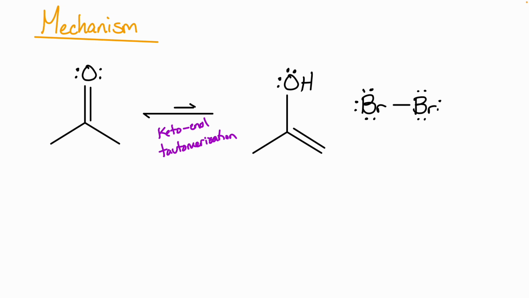That carbon-carbon double bond, we've seen alkenes play the role of nucleophiles before, including with halogens, and that's exactly what happens here. That carbon-carbon double bond is going to play the role of the nucleophile and grab that bromine.